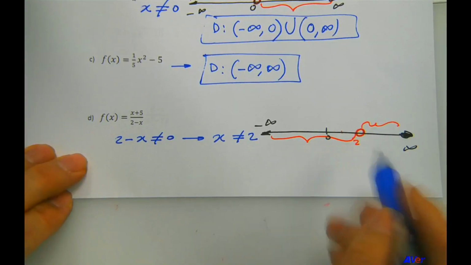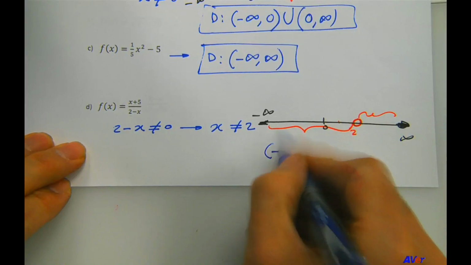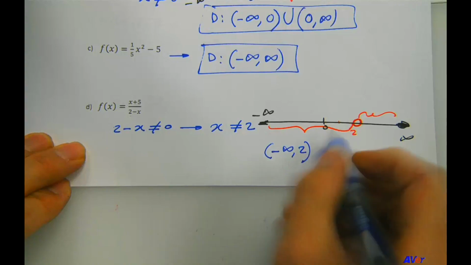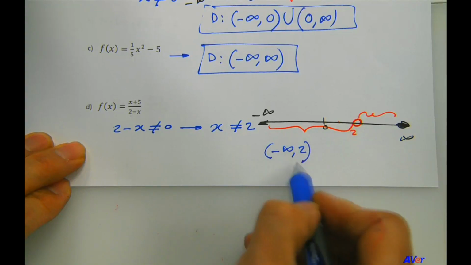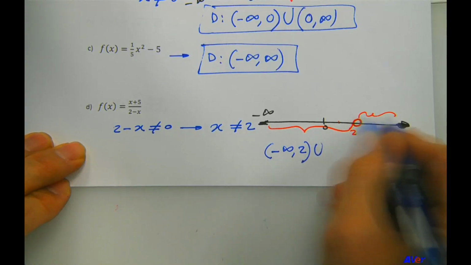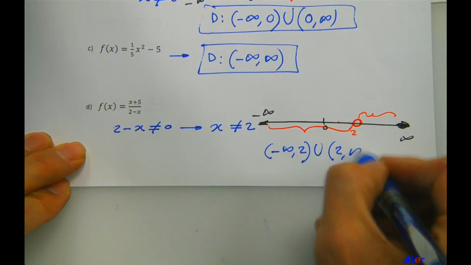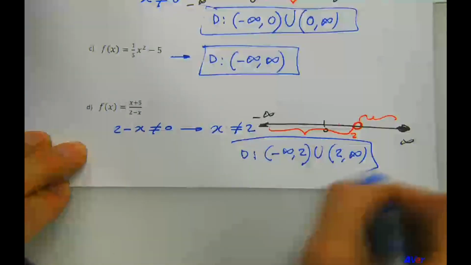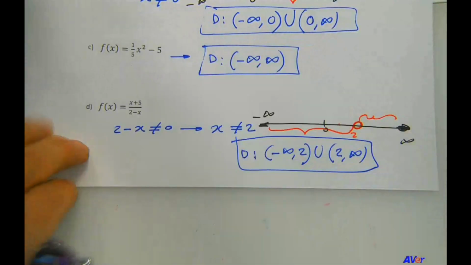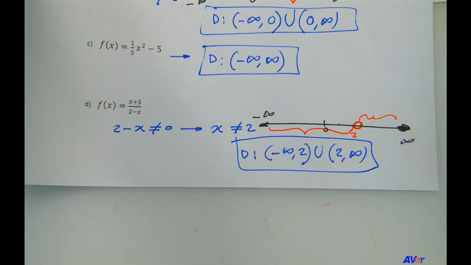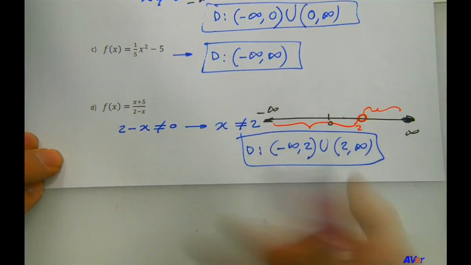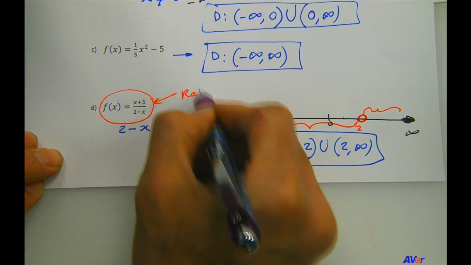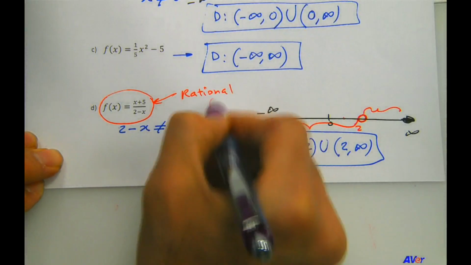For the values on the left, we write negative infinity to 2 with a parenthesis, because 2 is not acceptable. Union, the other piece, 2 comma positive infinity. So the domain of this fraction is that. And by the way, you will hear and see this a lot: this is called a rational function.